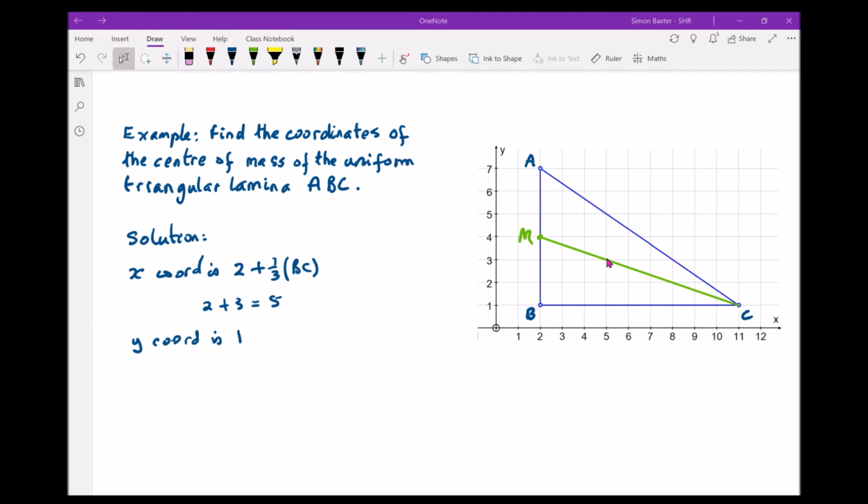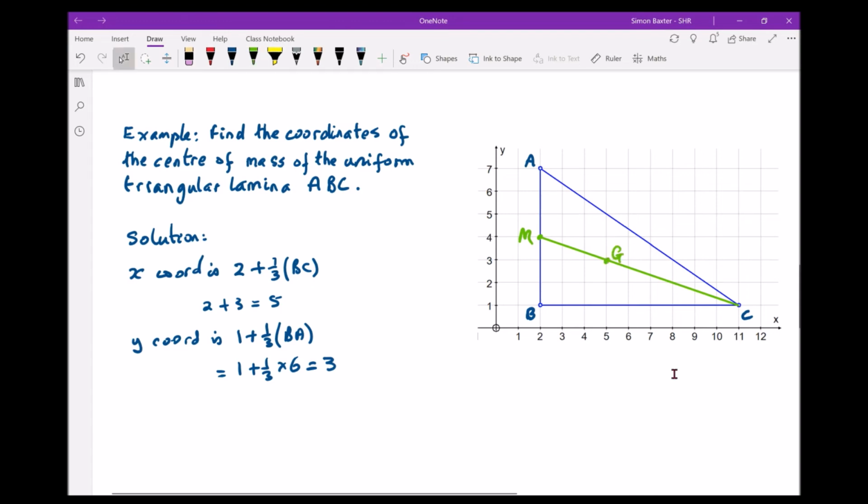So our center of mass, we reckon, is there. 1 plus 1/3 of BA, which is 1 plus 1/3 of 6, which is 3. So we have that the center of mass will be at the point G.